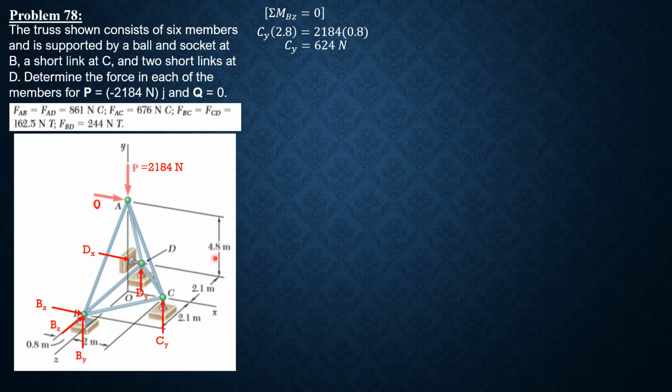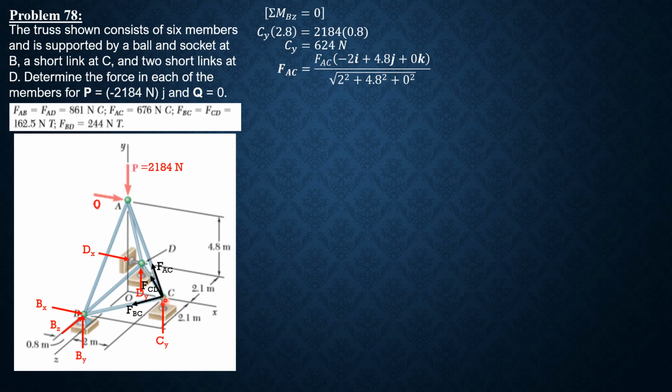Then we put the forces at C. So we have FAC, FCD, and FBC. So we write FAC in vector form so that we can easily determine the components. So FAC is along X, it's negative 2i. I just call it FAC.